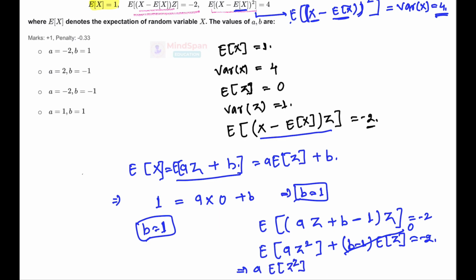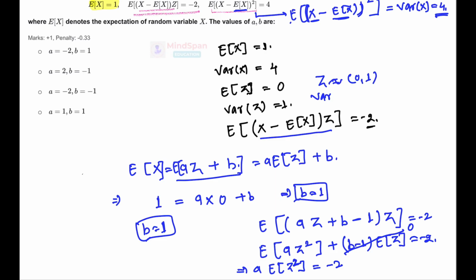And what is the value of the expectation of Z squared? Z is normally distributed, a standard normal random variable with 0 mean and 1 variance. So what will be the expectation of Z squared? What will be the variance of this random variable Z?